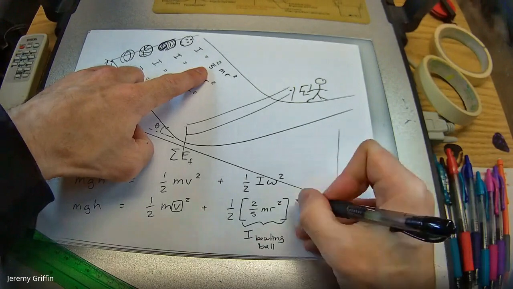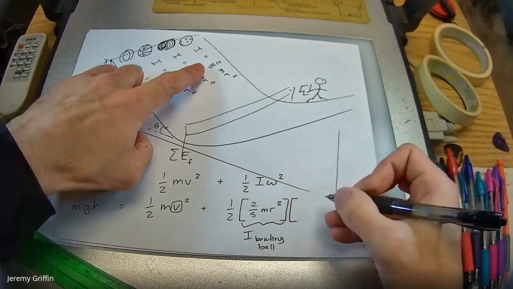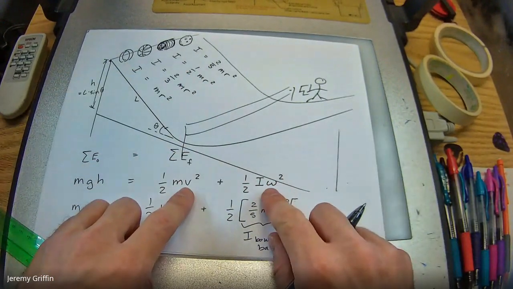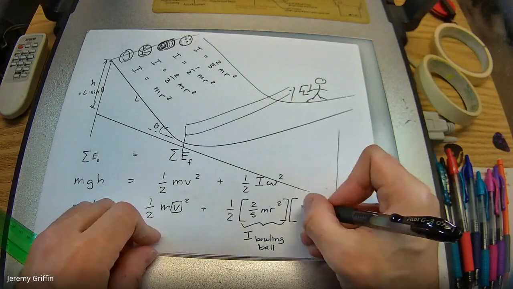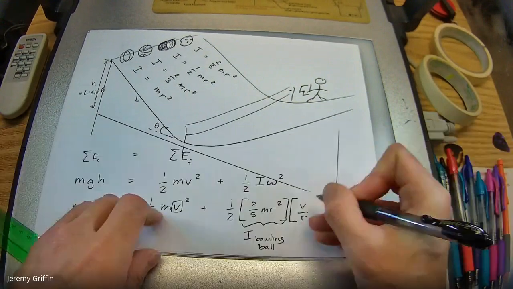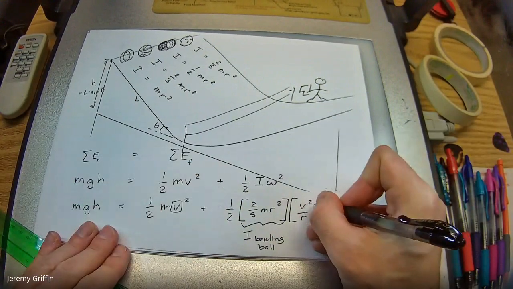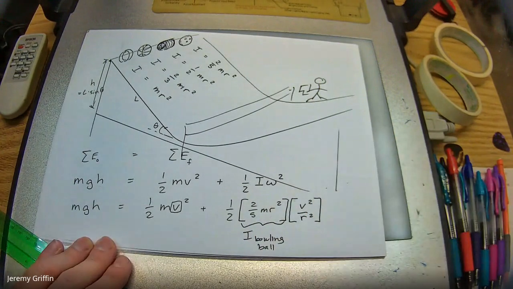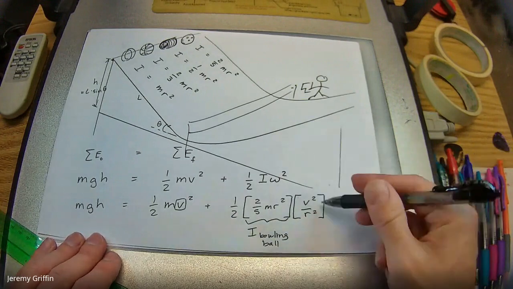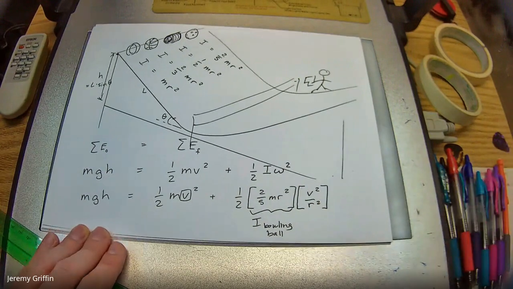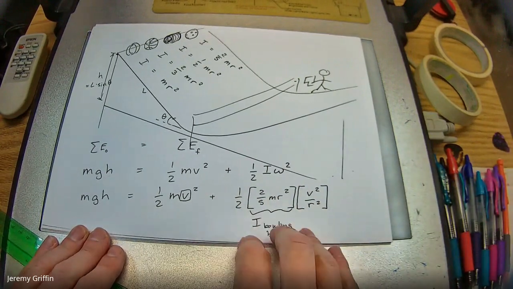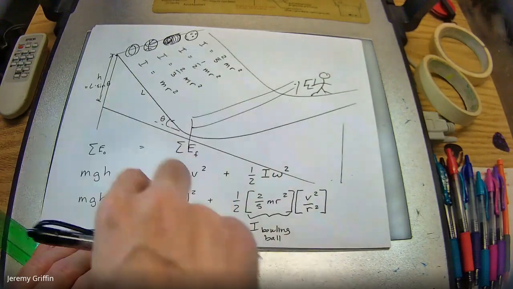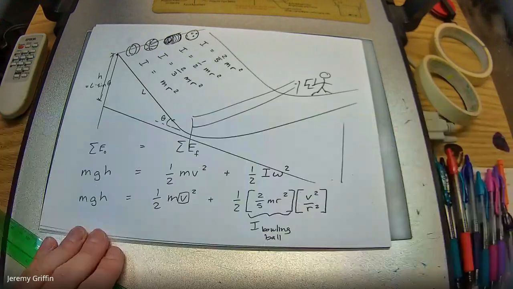And then omega: what is omega in terms of v again? V over r. And since it's being squared, I'll also square it here, so v squared over r squared. Just take that whole omega squared term and sub that out. Now, this is the expression for the bowling ball. If you had one of these other shapes, you could pop in something else for I.